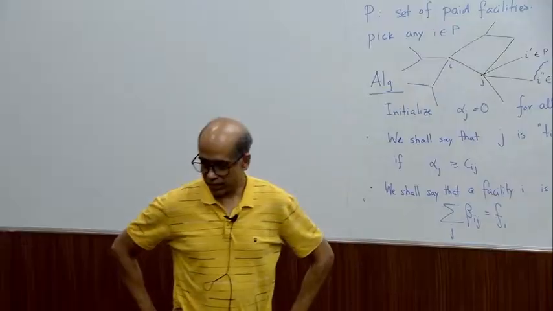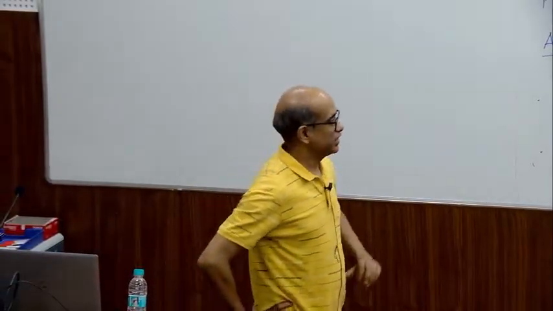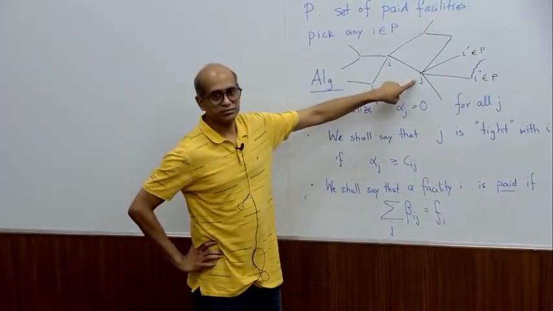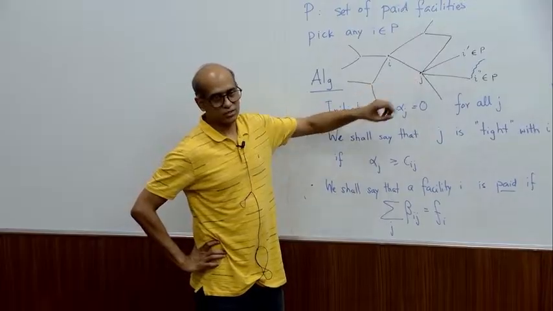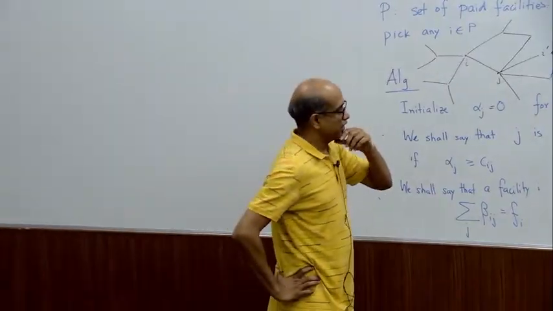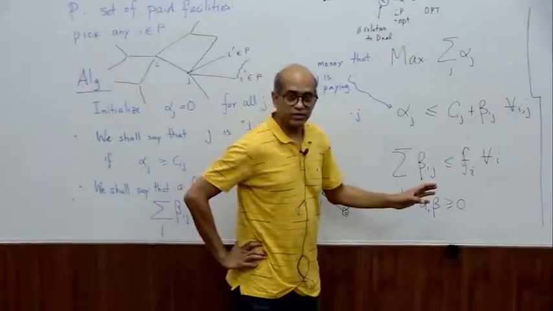The next one is called capacitated facility location. Capacitated means that every facility also comes with a capacity, so you cannot assign any number of demands to a facility. Every facility specifies that I have so much capacity. What happens then? Can you write a linear program again?